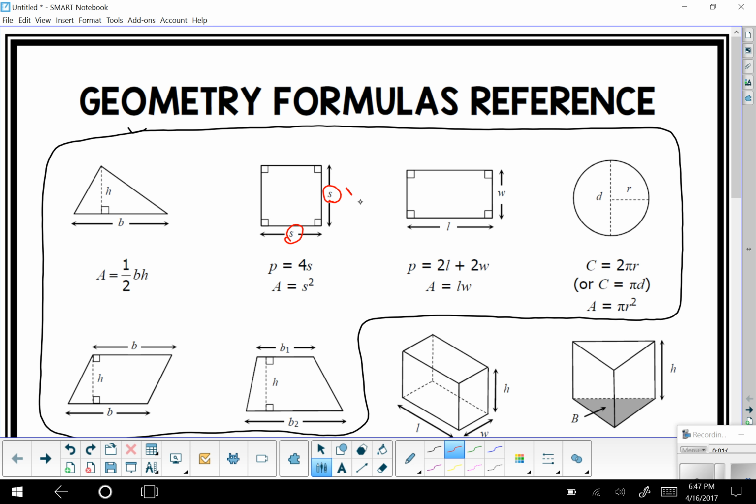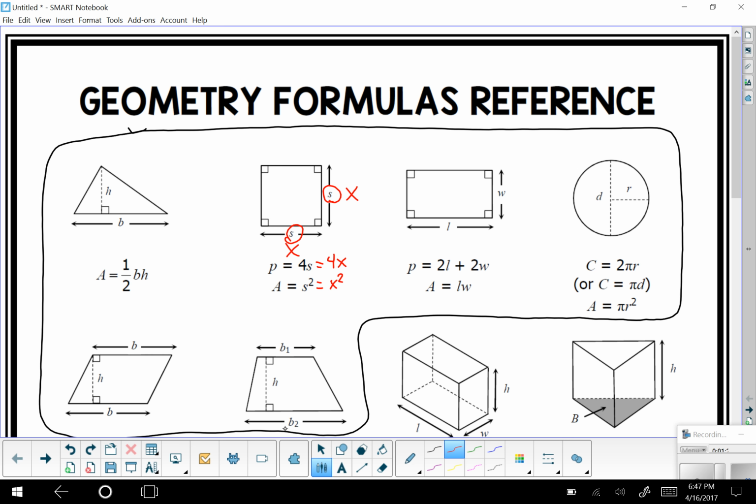You might want to use an X instead here. So for perimeter, you could use 4x. For the area, you could use x squared. These are fine right here. This is definitely fine. Please make sure you stick with that.